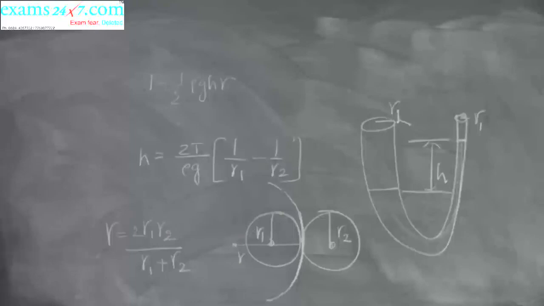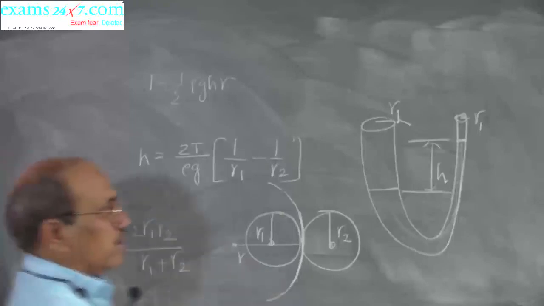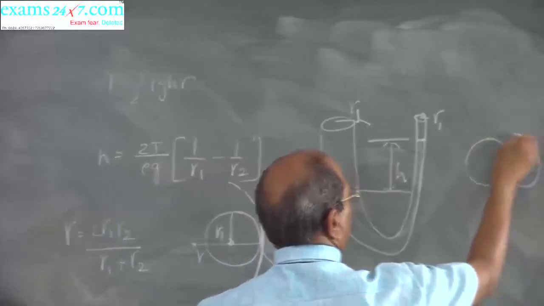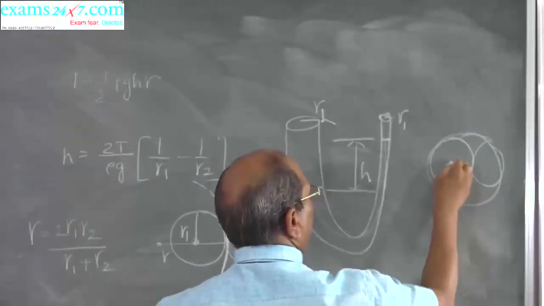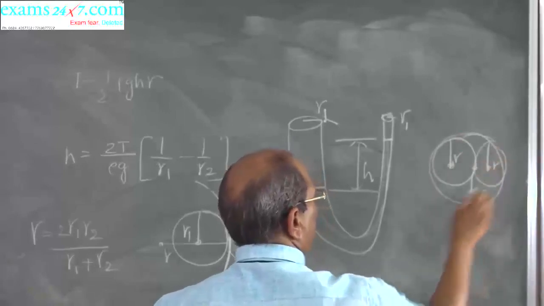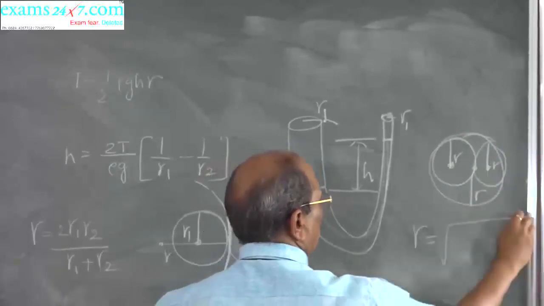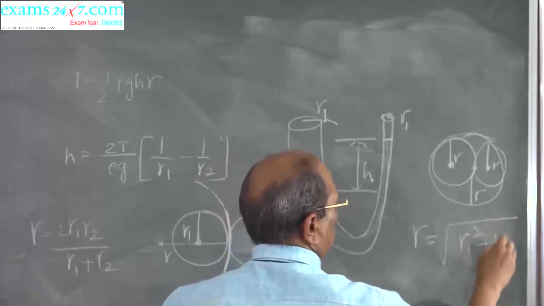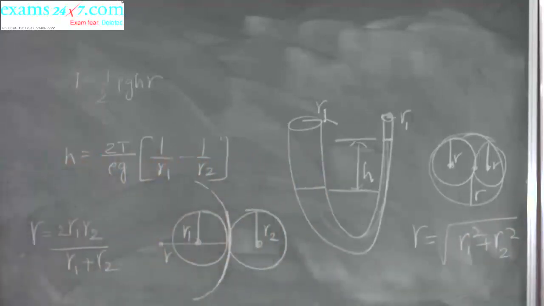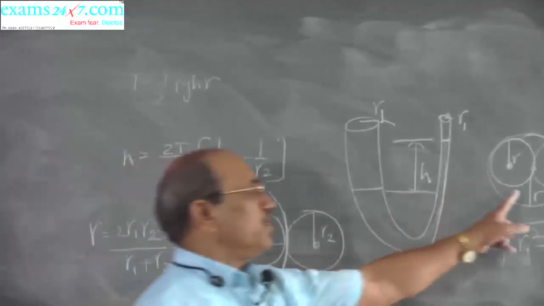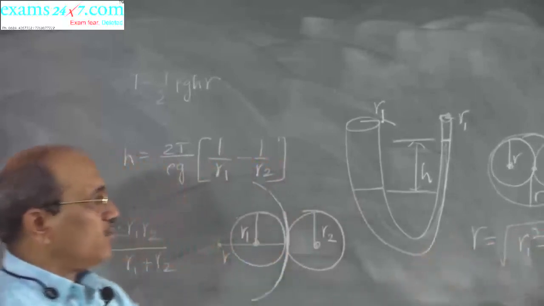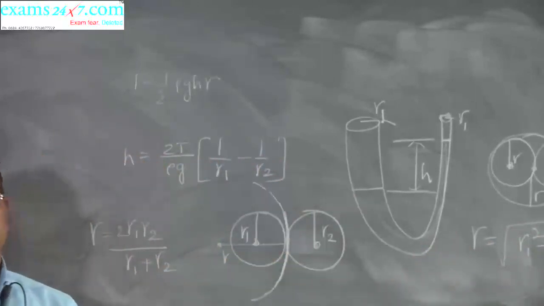We can show the relation. Or if two drops are fused to form a single drop, the radius of the single drop is equal to the square root of r1 square plus r2 square, where r1 and r2 are the radii of the smaller drops.